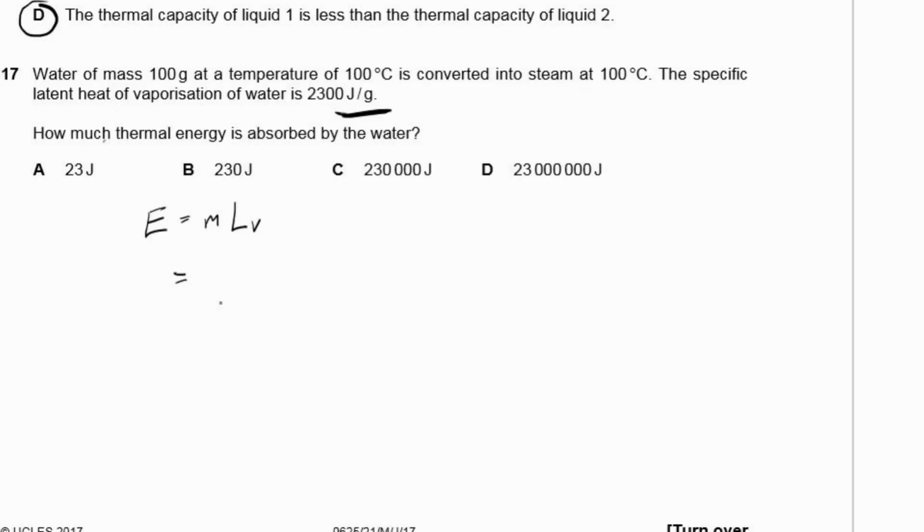Just make sure you're being consistent throughout. So we've got a mass of 100 grams multiplied by 2,300 joules per gram, which gives us a value of 230 kilojoules. There we are. C, 230 kilojoules, 230,000 joules.